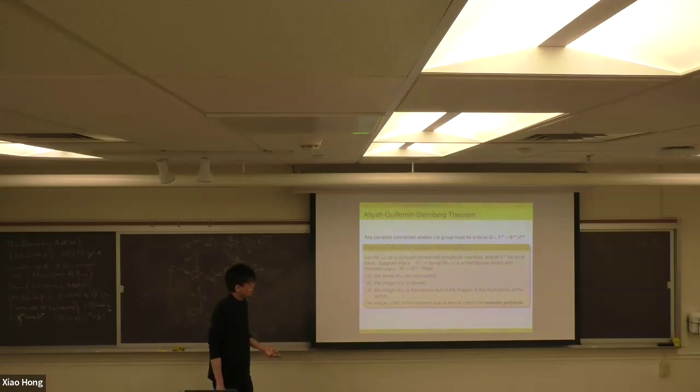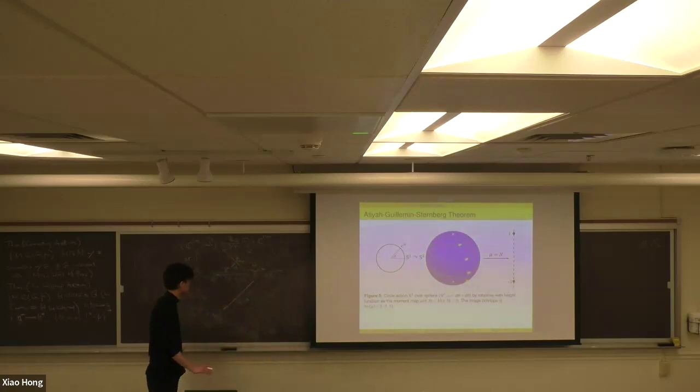The connectedness result, the convexity result, and so on. The first one says that each level set of the moment map is connected. The second one says that the image of the moment map is convex. And the third says that it is not just convex, the supporting vertices for the convex hull are the images of the fixed points of the action. So this is called the moment polytope.